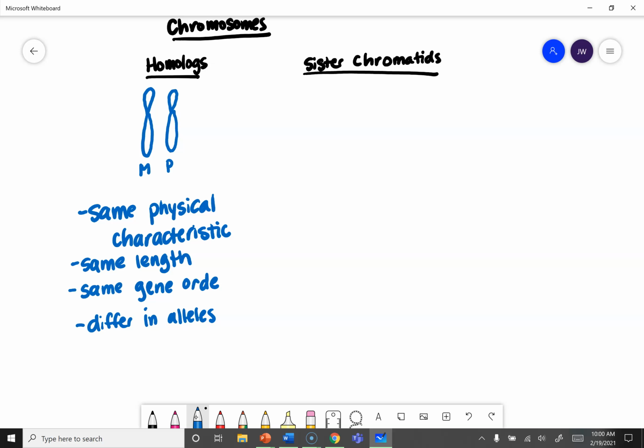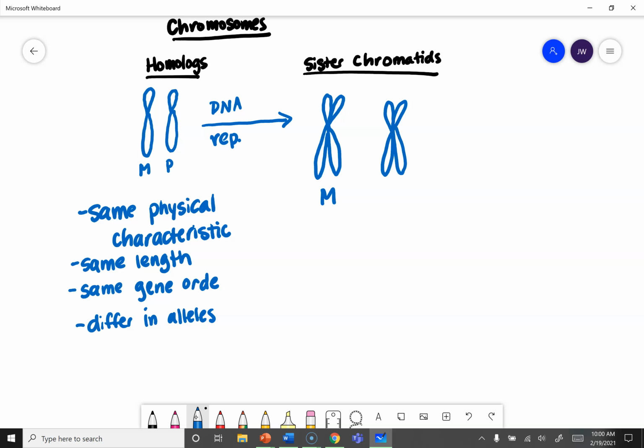Sister chromatids, however, are produced from those homologous chromosomes in DNA replication. So when DNA replication happens, we make an exact copy of those maternal or paternal chromosomes. And for the time being, in the S phase of our cell cycle, those chromosomes remain attached at the centromere.